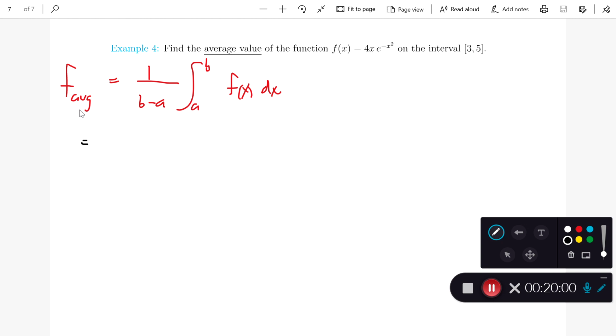Okay, so this time we've got 1 over 5 minus 3, integrating from 3 to 5 of our function with respect to x.